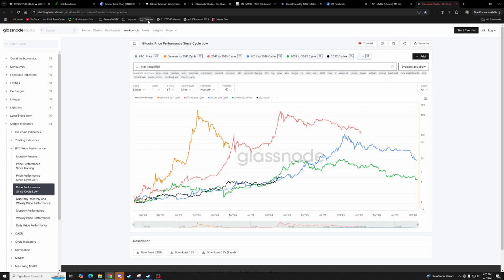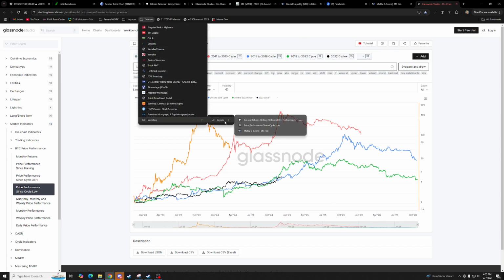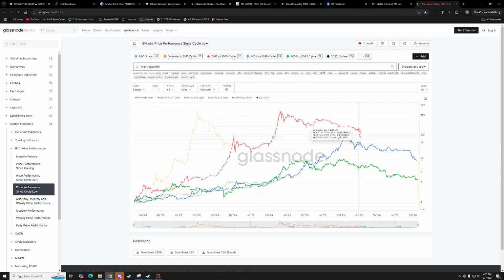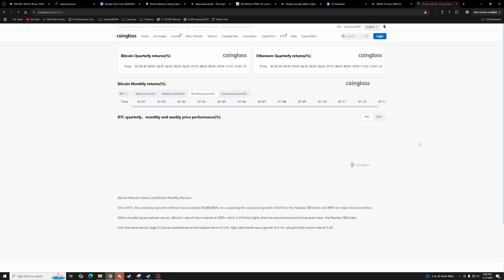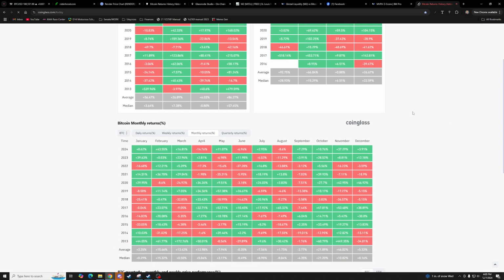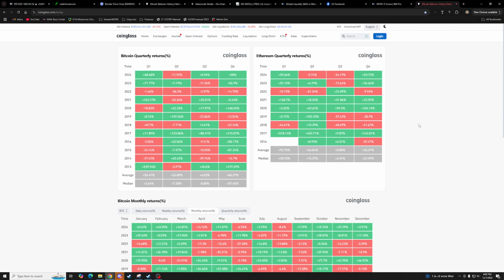And then you also have the historic returns. This is helpful for altcoins because it shows you when Ethereum runs compared to Bitcoin. This can be really useful too to try and predict the altcoin market. This is just one indicator. So my point is, there's a lot of tools to keep track of this stuff.